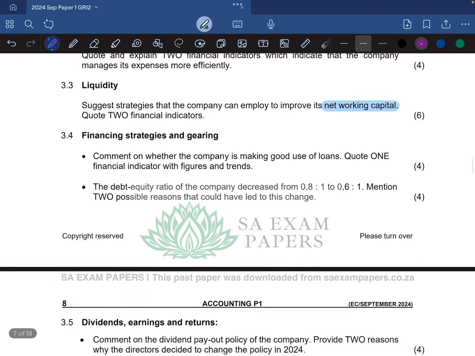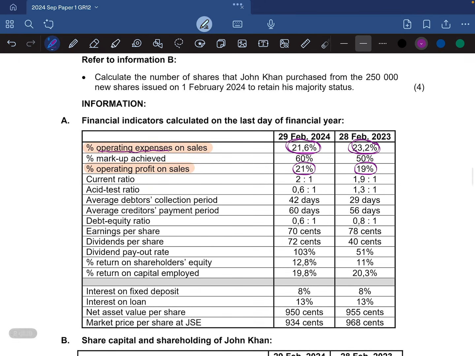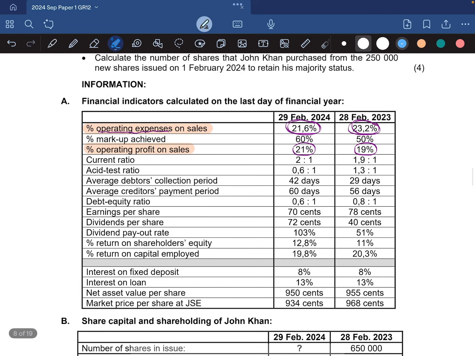So the first one that we're going to look at is our average debtors collection period. In 2023 we had 29 days to collect our debtors, but in 2024 that is now 42 days. That is 42 days that we have taken on average in 2024 to collect our debtors.